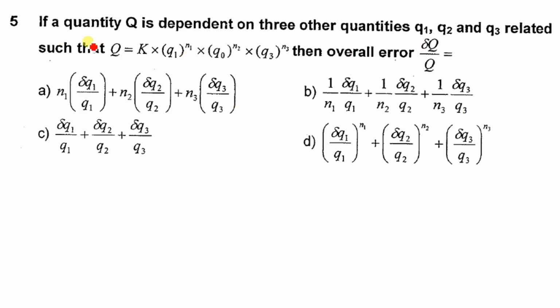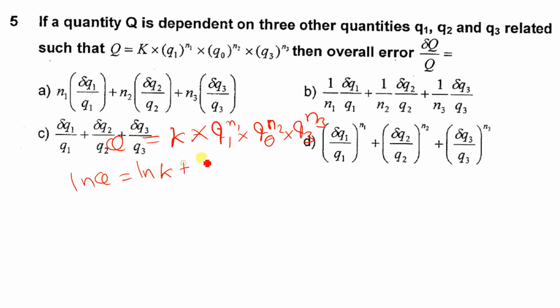In the fifth question, Q equals K, it is related to error questions. So we start with this question. We take log Q equal to log K plus n1 log Q1 plus n2 log Q2 plus n3 log Q3.